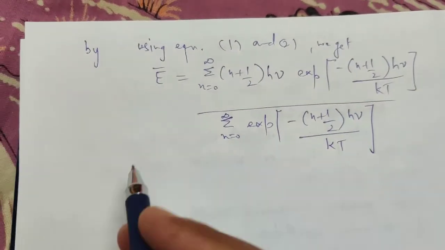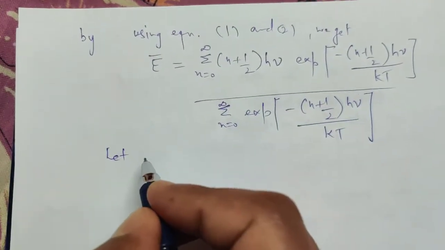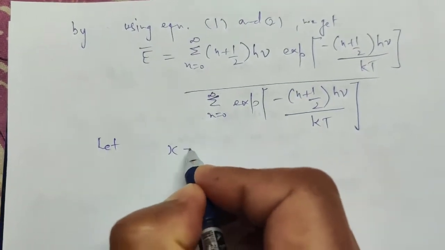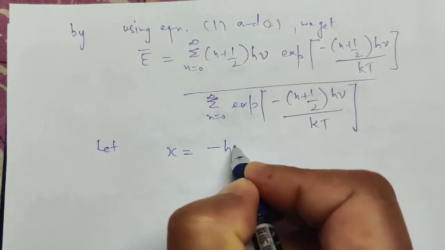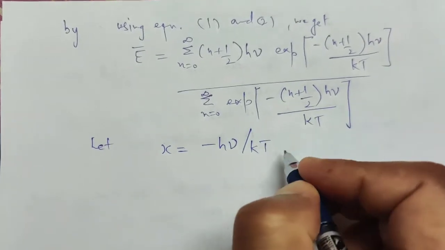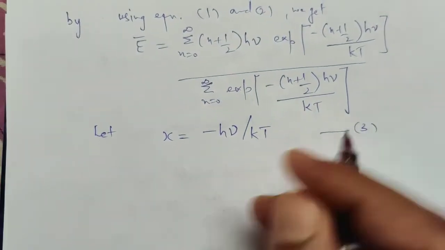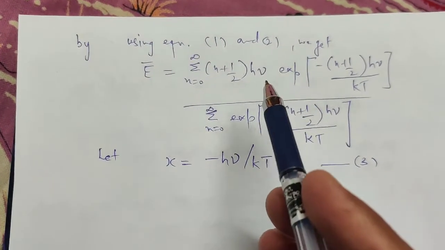Now to solve this equation, we will simplify it by putting x equal to minus h nu upon kT. This is equation number 3, put this into the equation.